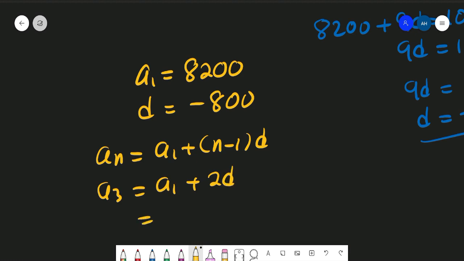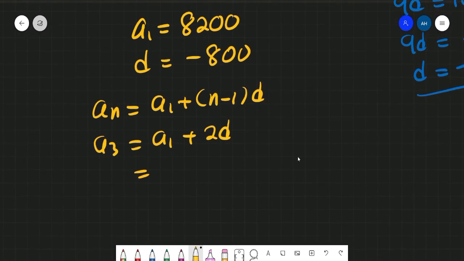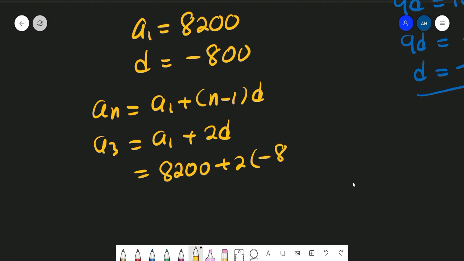So we can find a3 now by substituting the value for a1 and d. A1 we have 8,200 plus 2 times d, and d is negative 800. So now we have a3 equal to 8,200 minus 1,600.